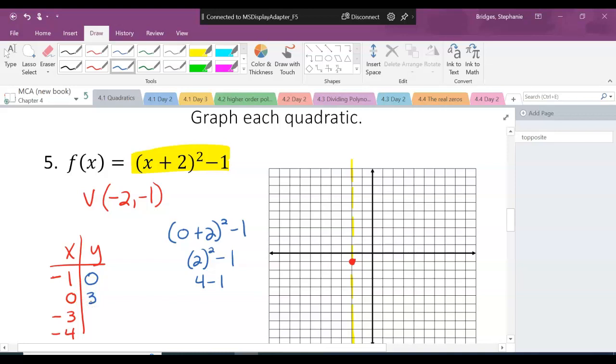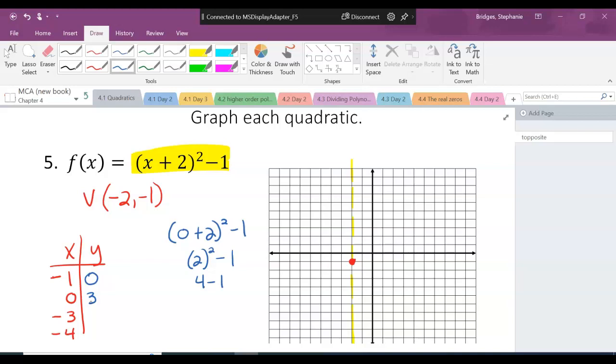And then do the same thing again with -3 and then -4. Squared plus k. H and k are the vertex. Except for h, it's always the opposite: plus h is negative, the minus is positive.